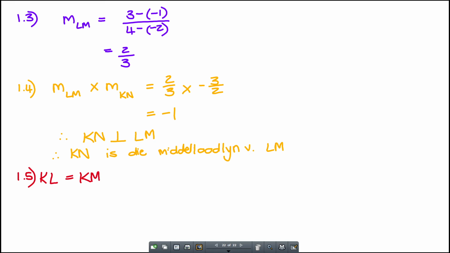And when two sides are the same, what type of triangle is it? Isosceles. Driehoek KLM is 'n gelykbenige driehoek. Good. Any questions? Okay, kan ek maar skip?